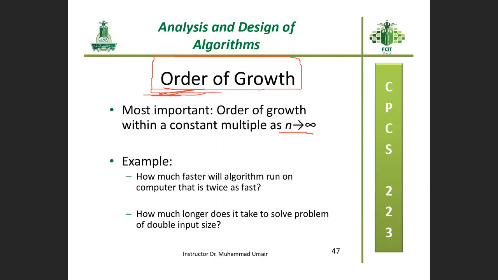Whenever you describe the efficiency of an algorithm, it is described for a reasonably large size, because for a smaller input size all algorithms look like they behave the same. For example, if you have 10 elements and you apply insertion sort, selection sort, merge sort, heap sort, any sorting algorithm, you will observe that they all sort the data in the same time. The actual difference is clear when you have a large input size. Is that clear?